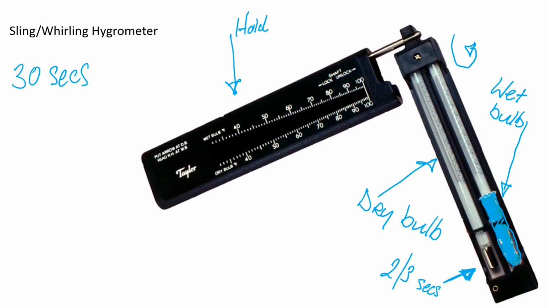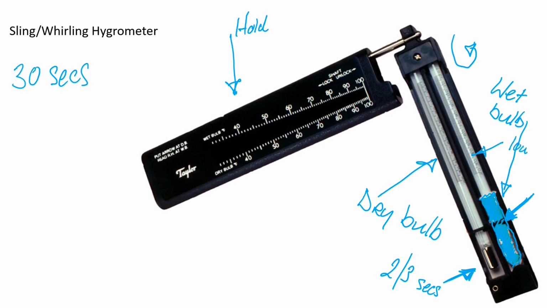Okay, and so what happens is, where all of this water is, the idea is that this evaporates. As we spin, the drier the air, the more that this moisture, this water, will evaporate, and it will lower the temperature of the wet bulb.